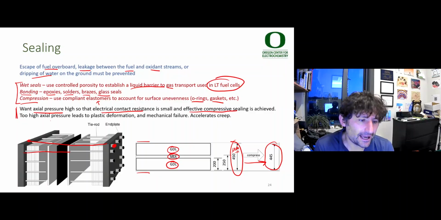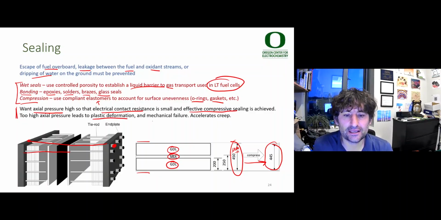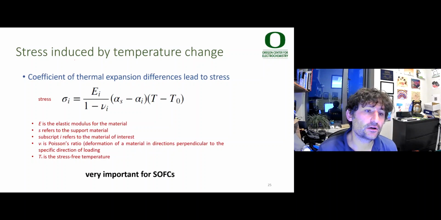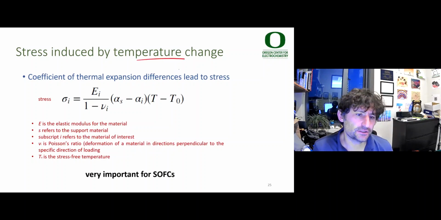Now, too high axial pressure, though, leads to what's called plastic deformation and mechanical failure, and it accelerates creep. So plastic deformation is where you're bending and deforming materials. Stress can also be induced by temperature changes if the coefficients of thermal expansion are different for different materials within the cell, which of course they are.